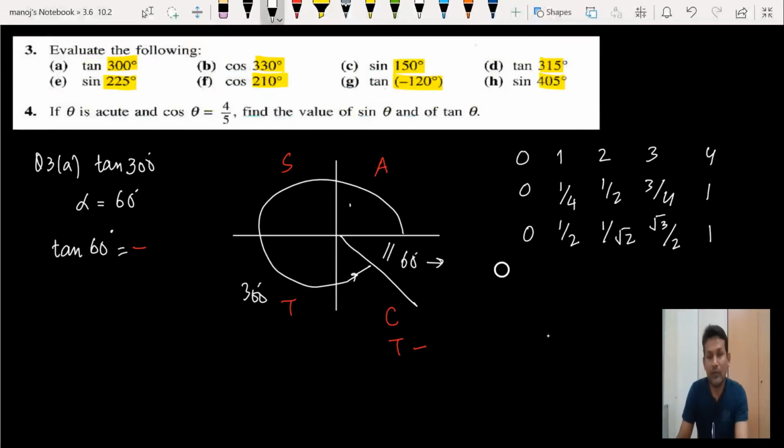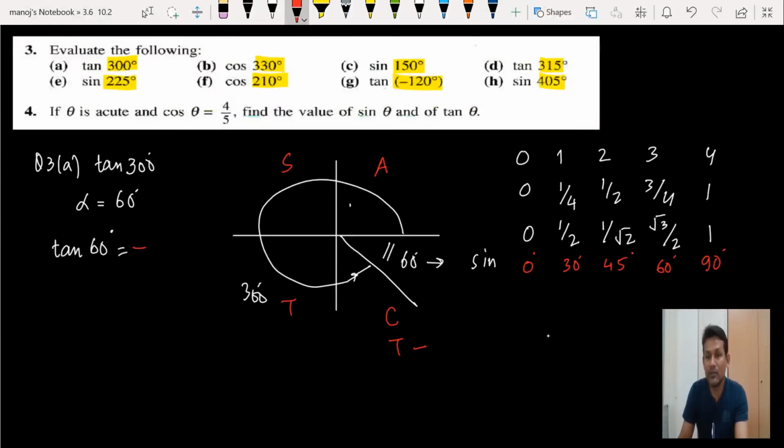Now, if you write sine values from here, this is one way to find the value without using a calculator. We'll start from 0 degrees, 30 degrees, 45 degrees, 60 degrees, and 90 degrees. These are the standard angles.